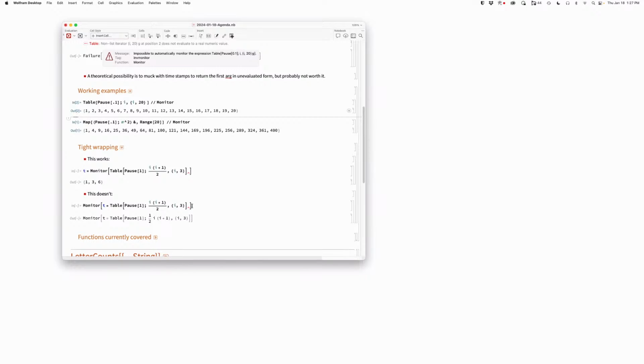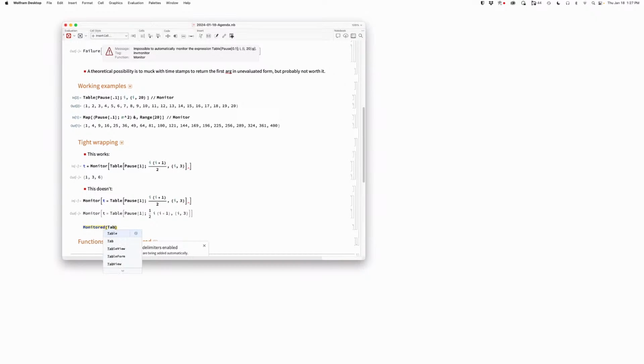In other words, Monitor is kind of like an adverb of the action. It's kind of like do it. The alternative, which I don't like as much, is a wrapper Monitored. In other words, something like this, where we say Monitored Table, blah, blah, blah.